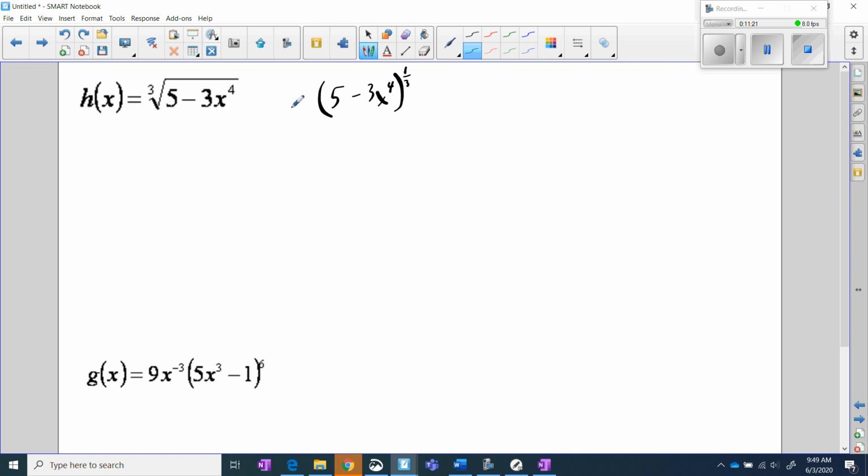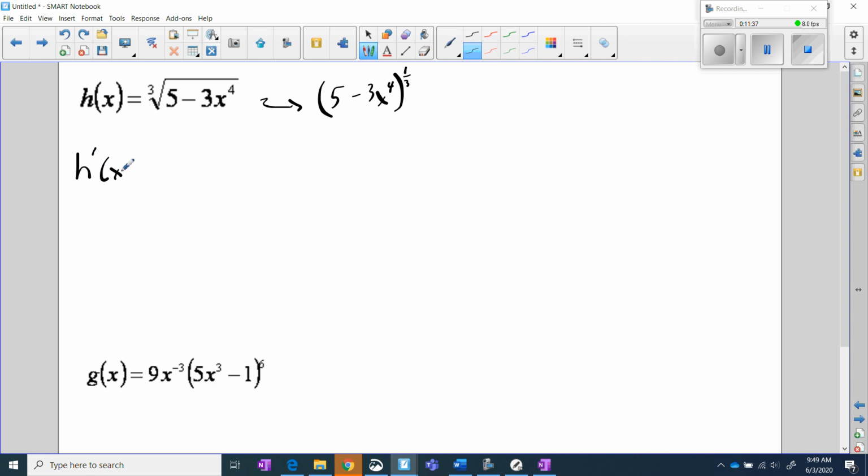That's what this means. So it's a function inside of brackets raised to an exponent. Anytime you have a radical, you need to make sure you're thinking of it in these terms, and then you can apply your chain rule.